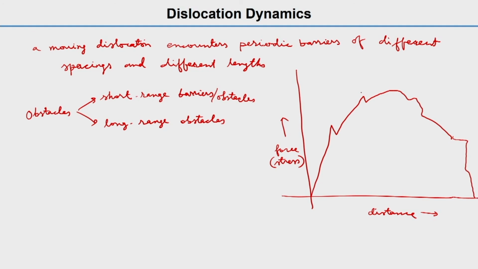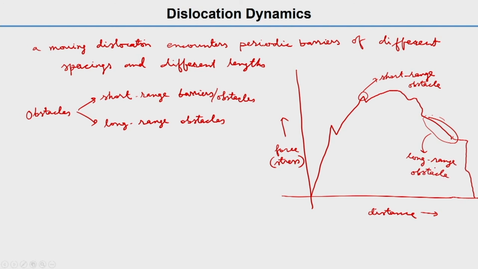So there can be a short range obstacle, and then a long range obstacle will look something like this. This portion has a long range obstacle.